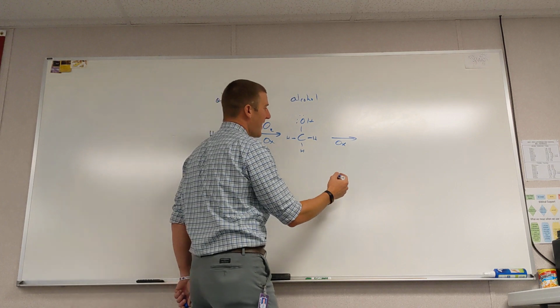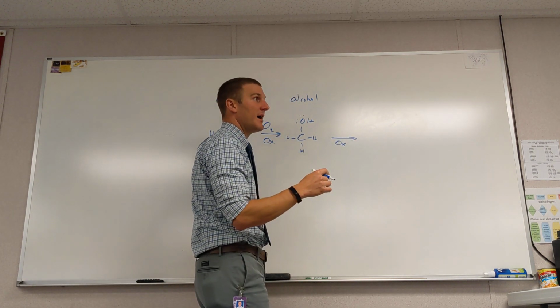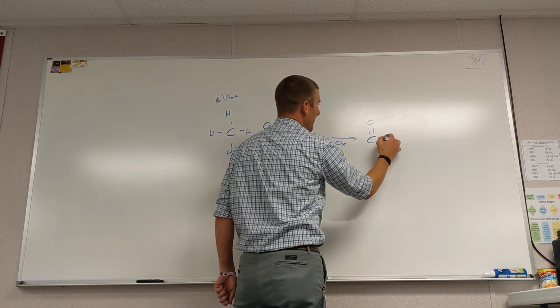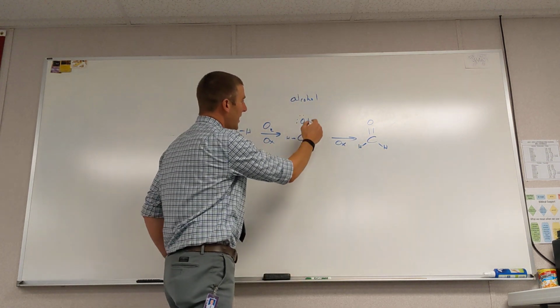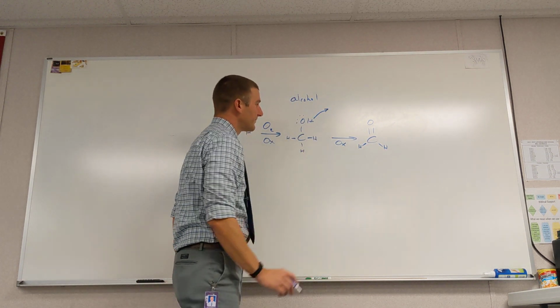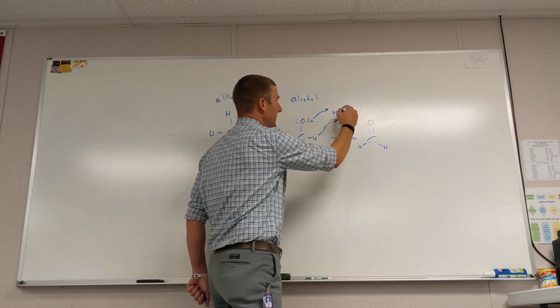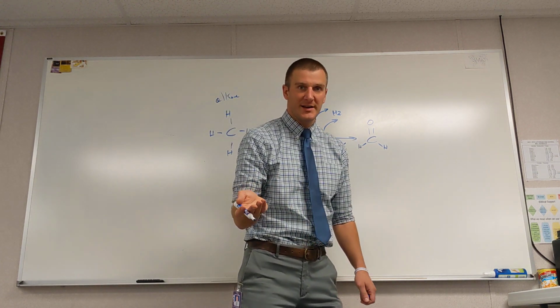Well, if I pull off a hydrogen, I would have to pull off another hydrogen. So H2 would leave. Hydrogen gas would leave. And so now it's even more oxidized.